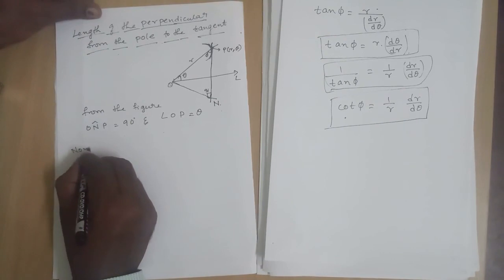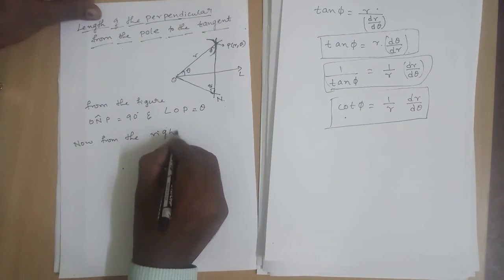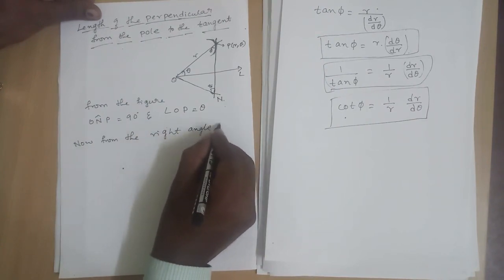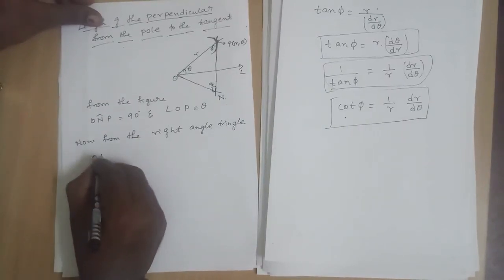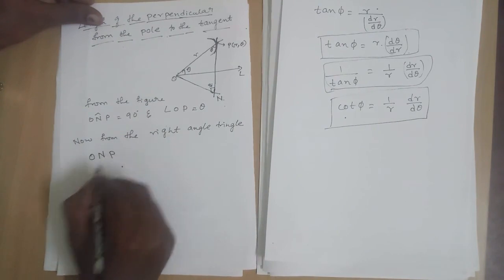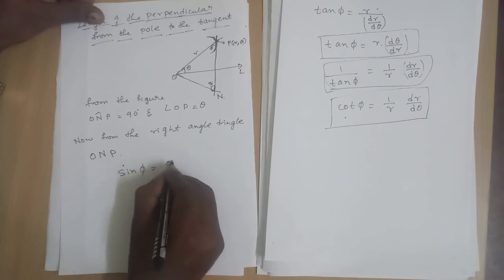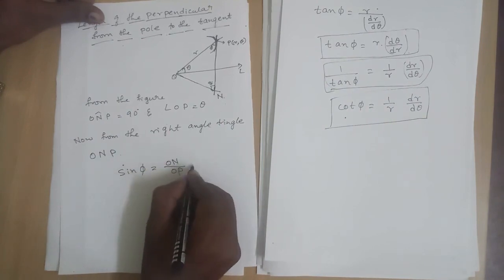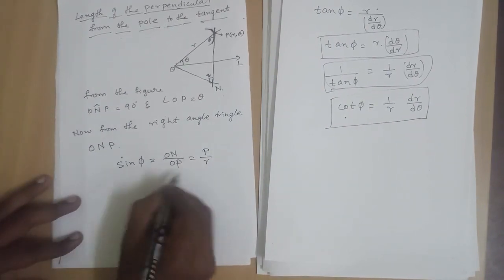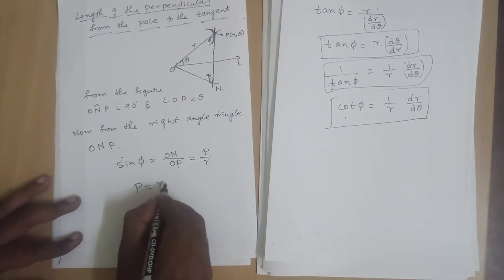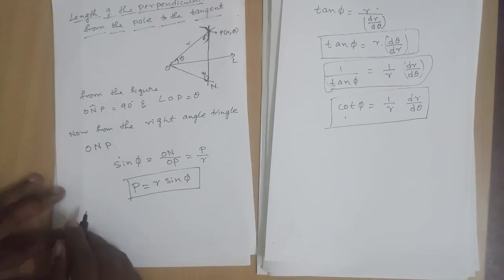Now from the right angle triangle ONP, sin phi can be written as ON divided by OP. So this can be written as p by r. So if you take it here, what you get, p is equal to r sin phi. So you have to remember this one also, you will use it in the problems.